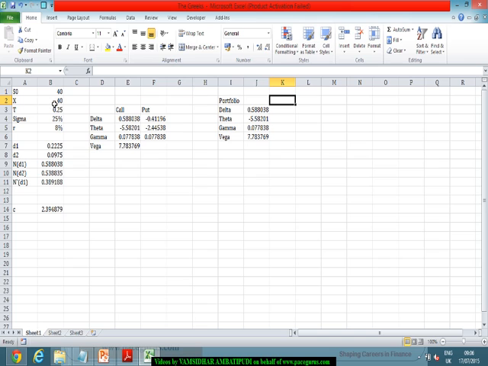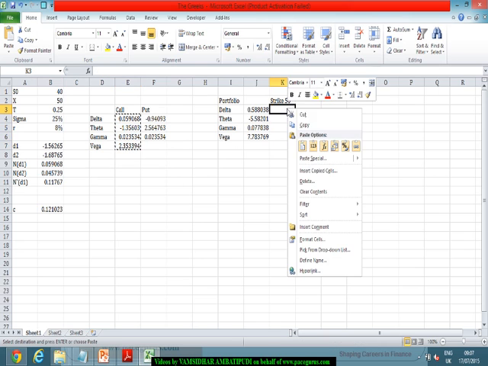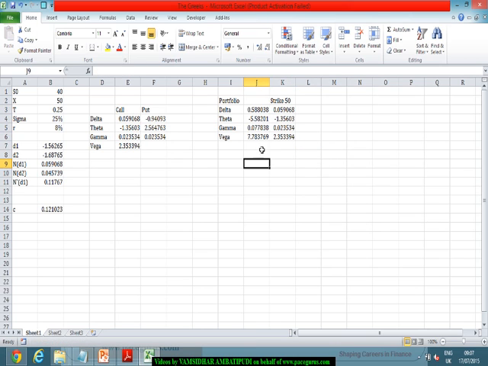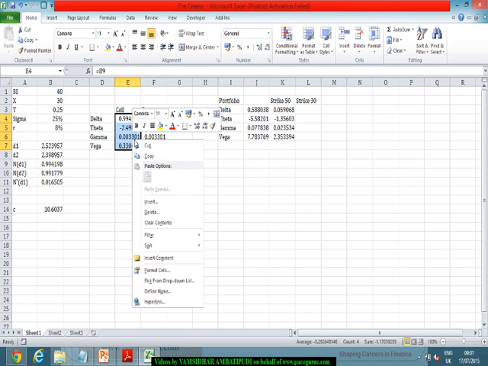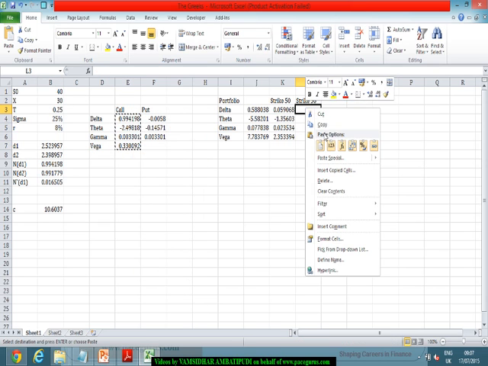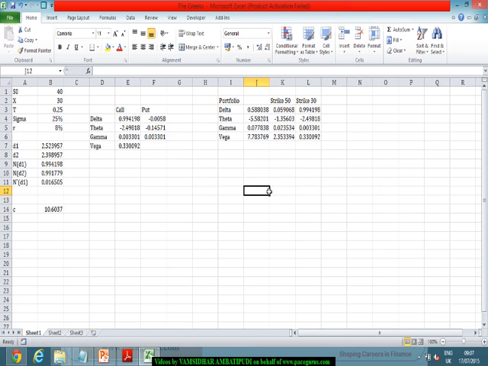Then I'm using a strike price 50 option with everything else remaining the same. So I'm taking these numbers for the one which I am using to hedge this risk. This is my underlying position. So I want to hedge it using one option which is having a strike of 50 and another option which is having, let's say, a strike of 30. So for that, the delta, gamma, vega are something like this. Now, what is it that I have to see? The delta and the gamma of my position are something like this.